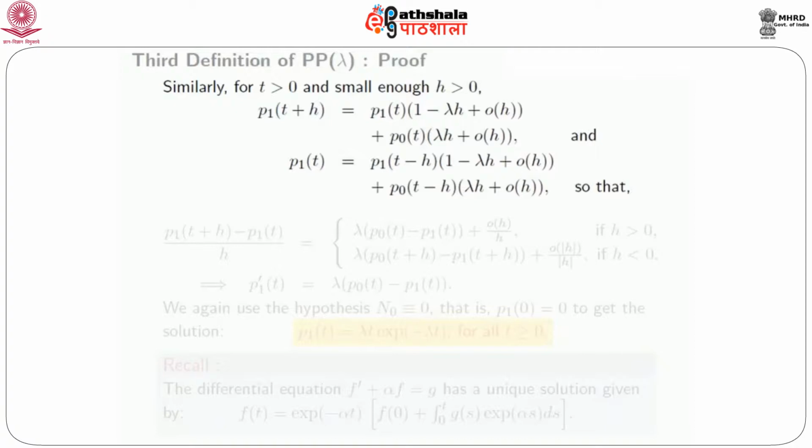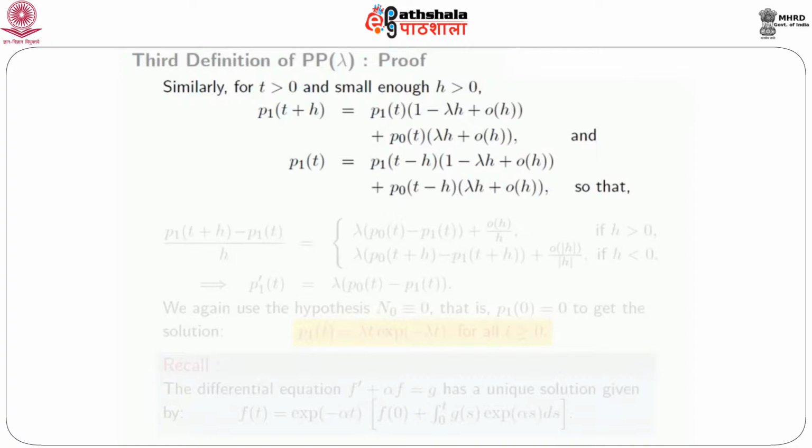One is the probability that N(t) is already 1 and N(t plus h) minus N(t) is 0, or the probability that N(t) is 0 and N(t plus h) minus N(t) is 1. So either that event has already occurred before time t, and between time t and t plus h there are no events, or no events took place up to time t and there has been one event during the interval t to t plus h.